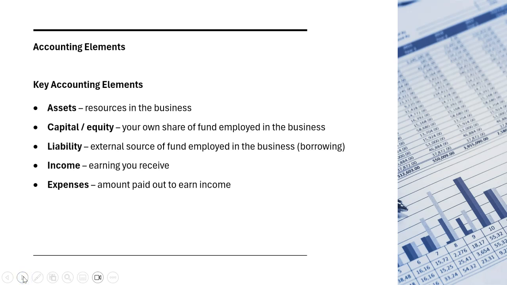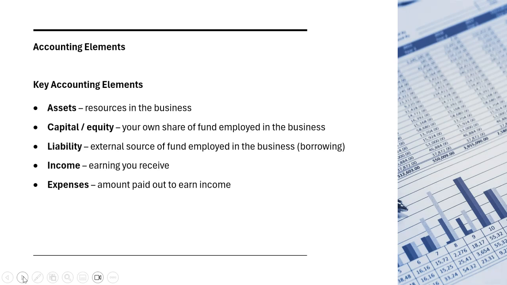There are five types of key accounting elements in accounting. First one, assets. Assets are the resources in the business. So later we'll see some examples.